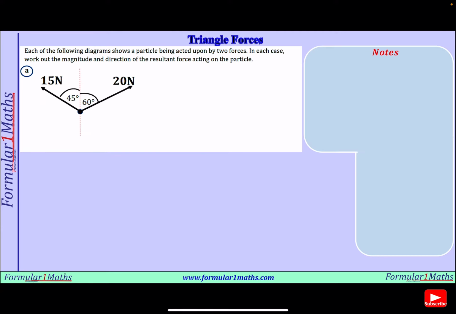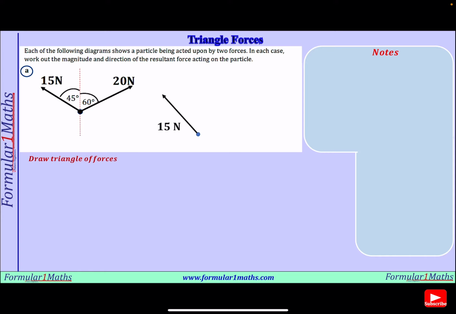For the first one, A, we begin by drawing the triangle of forces. You do this by simply adding the two vectors. You add the tail of one vector to the head of the other, and then you get your resultant vector. It does not matter which one you start with.